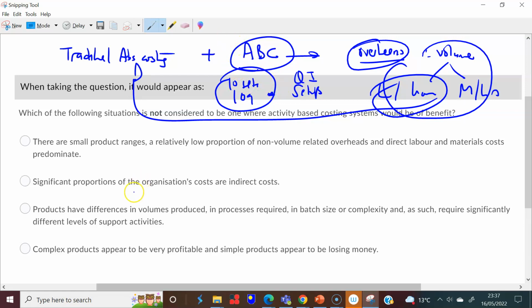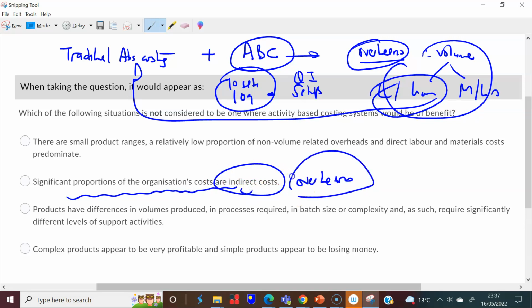So to kind of work here, if a high proportion of your costs are indirect, like a lot of them are overheads, you want to go with ABC because you're saying, listen, let's go with ABC because a lot of our costs are overheads anyway, and we want to correctly and appropriately share these overheads between the products. That's the first point.